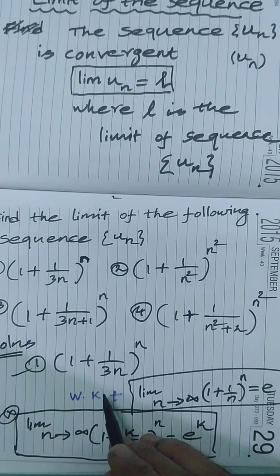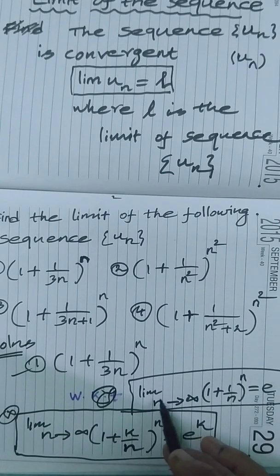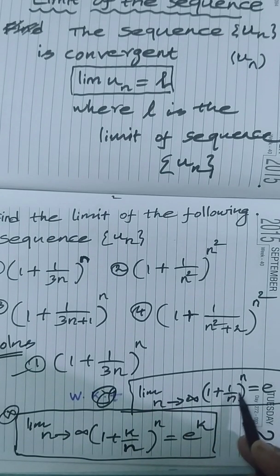We know very well about this result, a very important one: limit n tends to infinity of (1 plus 1 by n) whole power n is equal to e.